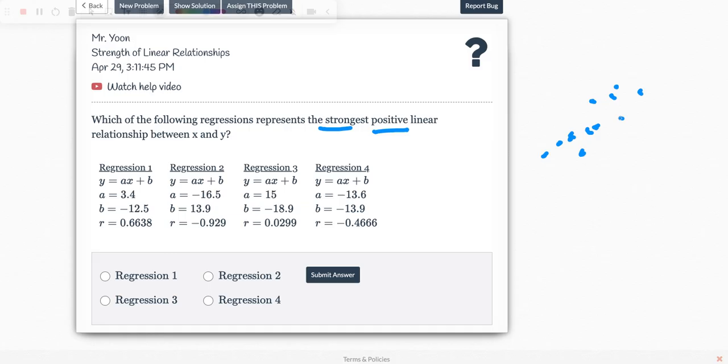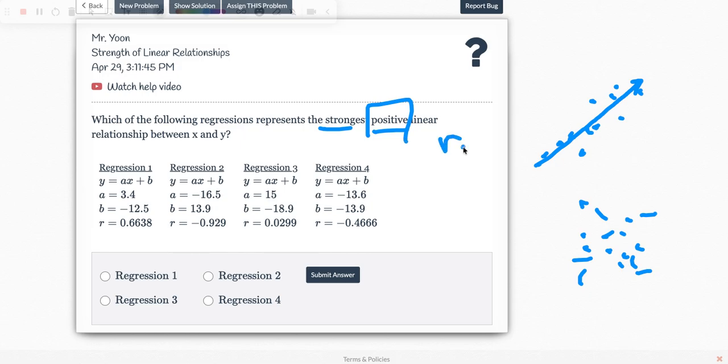And it's positive, so the line that goes through them would be going up. And it's pretty strong. These are pretty close to the line. They're not weak where the x and y's are totally random. So you've got to pick which regression is positive. And then second, you have to pick which has the best R value.